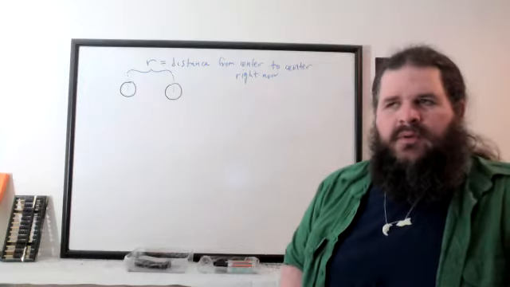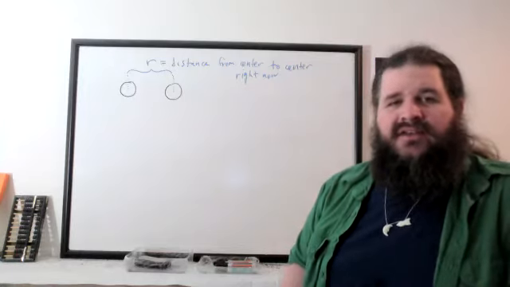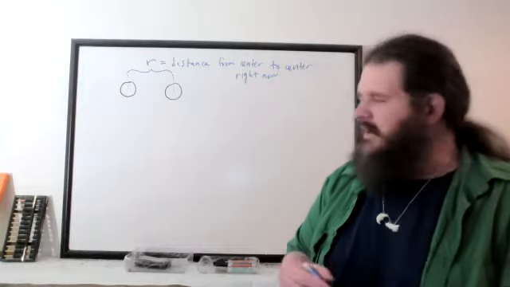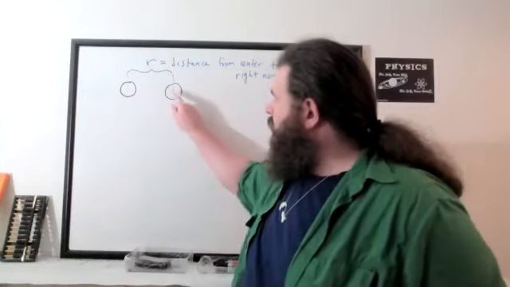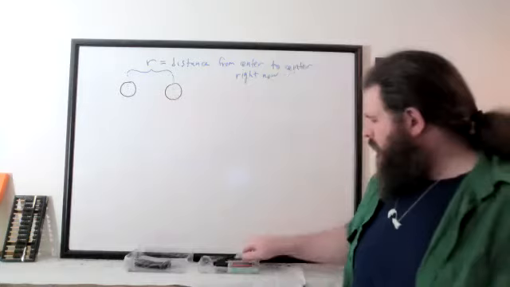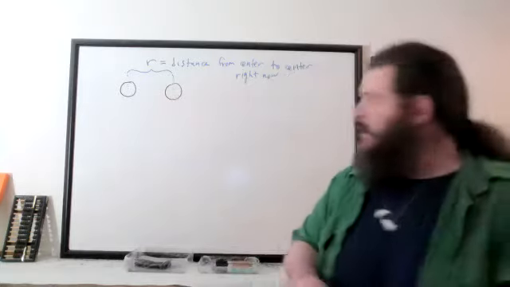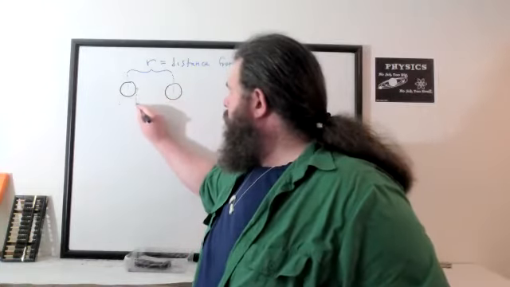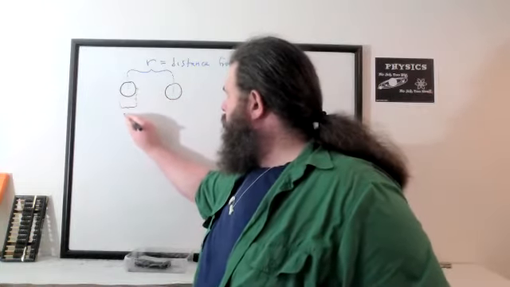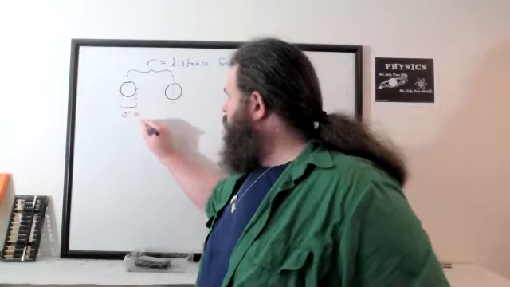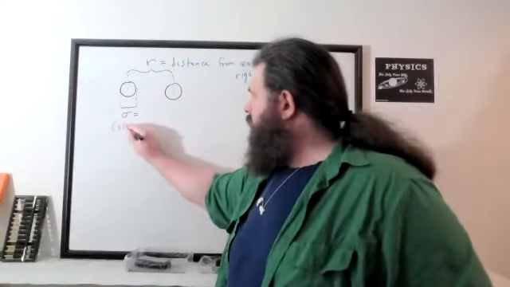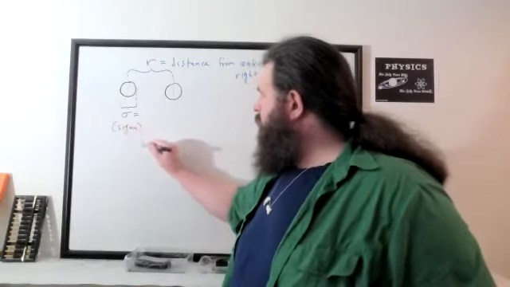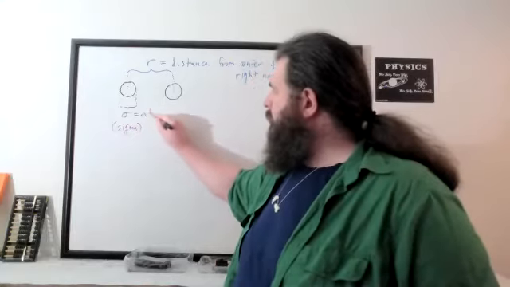Another one of the important quantities we're going to be looking at, another distance, is the diameter of the particle, like how far it is from edge to edge through the center. And that distance we're going to call sigma. The Greek letter sigma represents the atomic diameter.